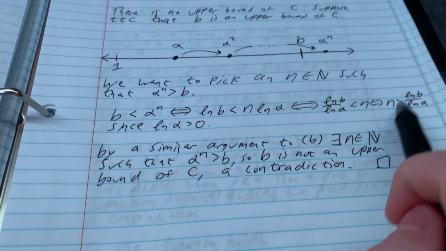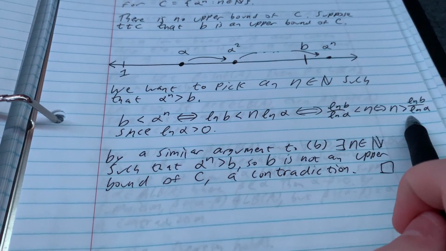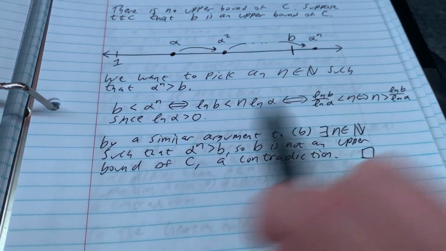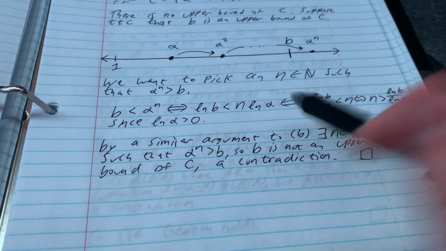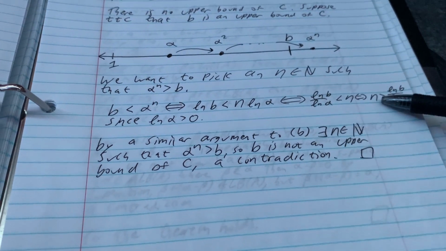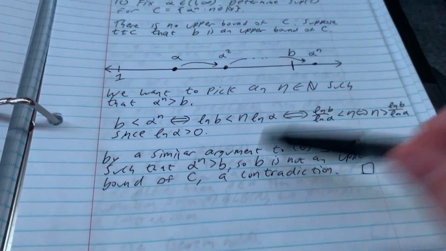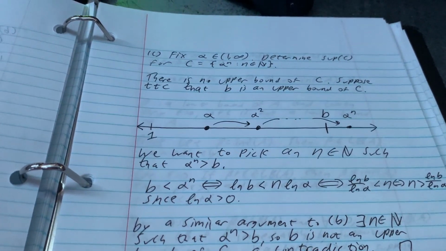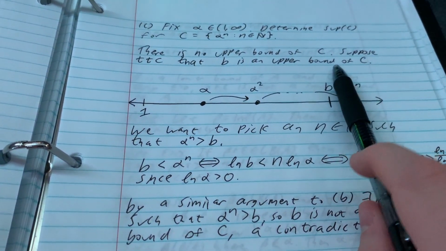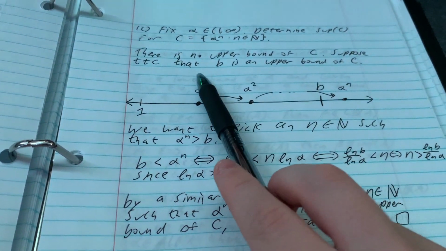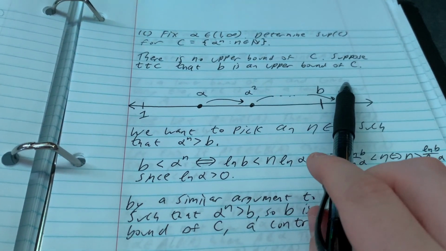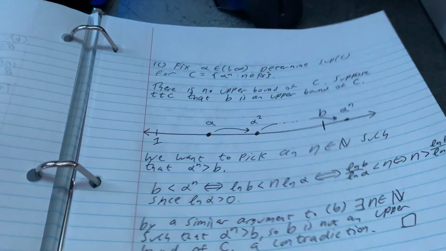By a similar argument to the last one, we can pick an n big enough that this is true. Thus, b is not an upper bound of C, which is a contradiction, since we started by supposing that there is an upper bound. That leads to a contradiction, so there are no upper bounds.